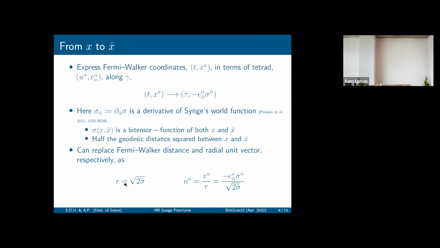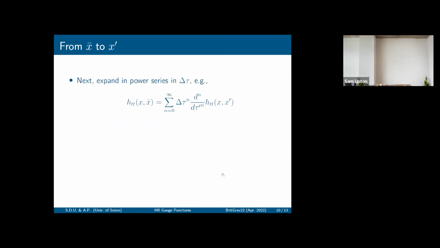And then we can just make a simple substitution for the distance and the radial unit vectors as so to re-express everything at x bar. Now we're at x bar. How do we get to x prime? We just do an expansion in powers of delta tau, the difference in the proper time between the two objects.